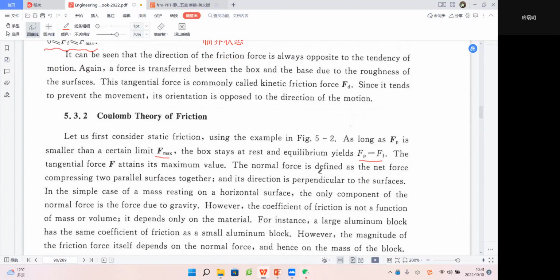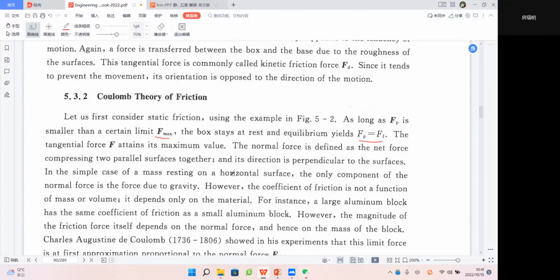And the normal force is defined as the net force compressing two parallel surfaces together. And its direction is perpendicular to the surface. In the simple case of a mass resting on a horizontal surface, the only component of the normal force is the force due to gravity.